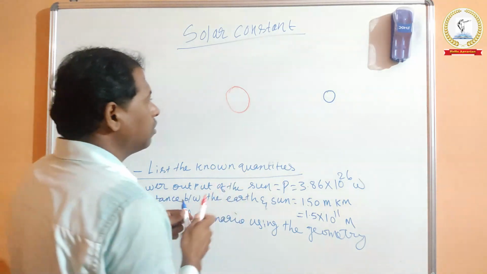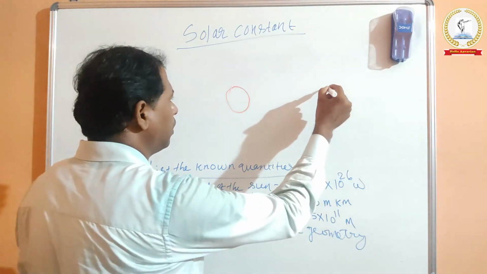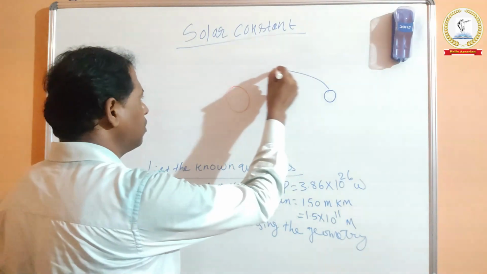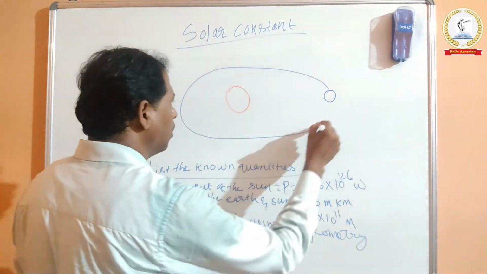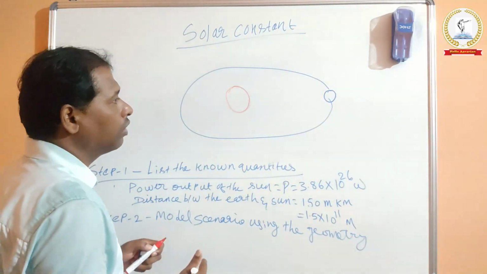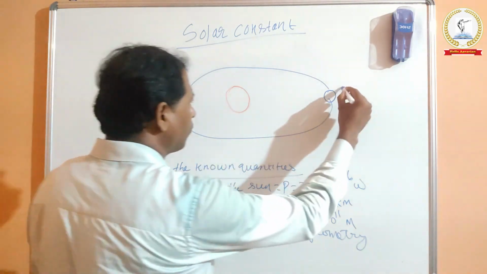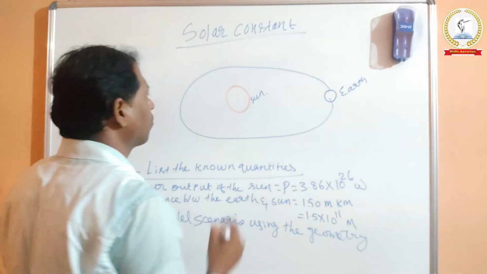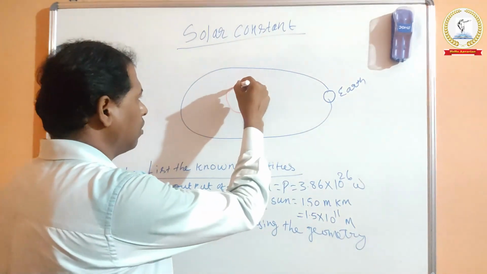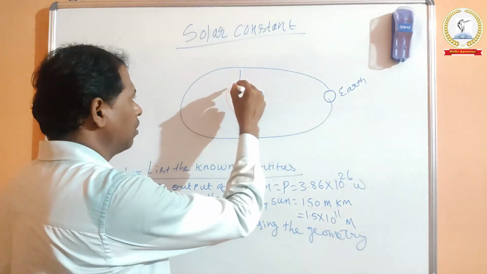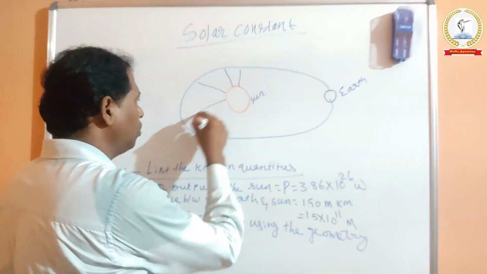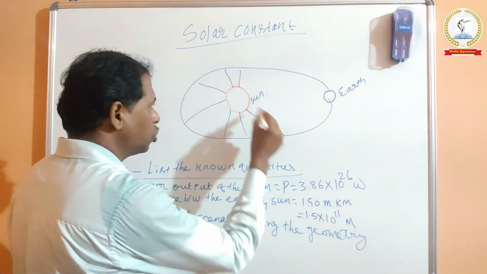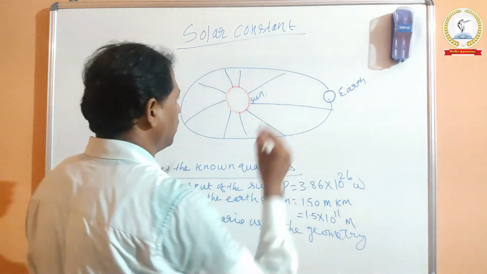The earth revolves around the sun in an elliptical orbit, and light released from the surface of the sun spreads out uniformly through the spherical cell.